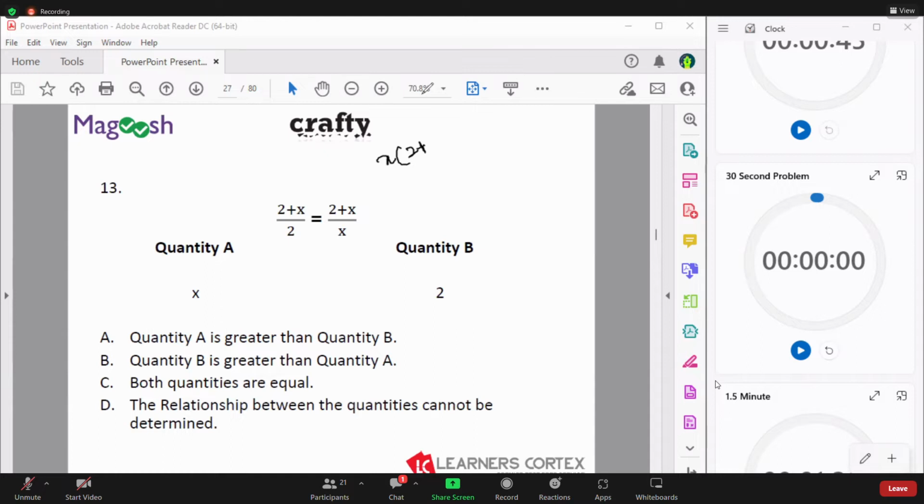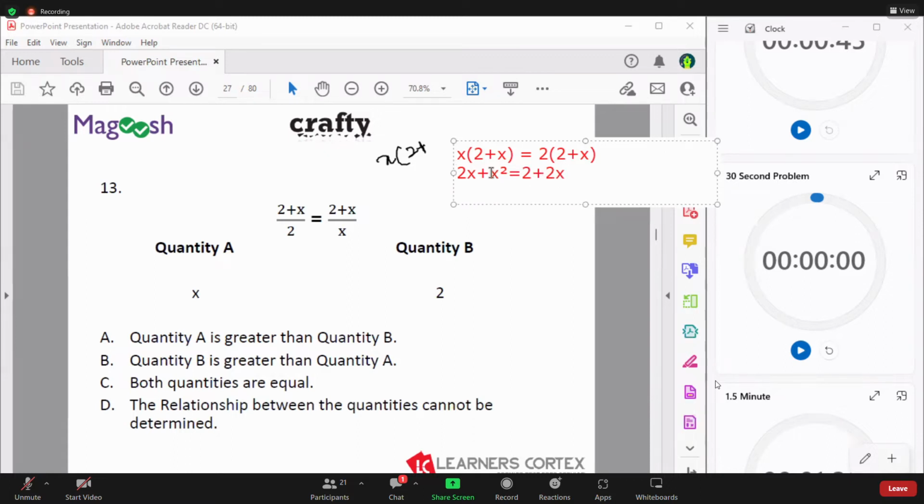Right. So we'll cross multiply, and this becomes x times 2 plus x, which is equal to 2 plus x multiplied by 2. So this becomes 2x plus x square, and this becomes 4 plus 2x.